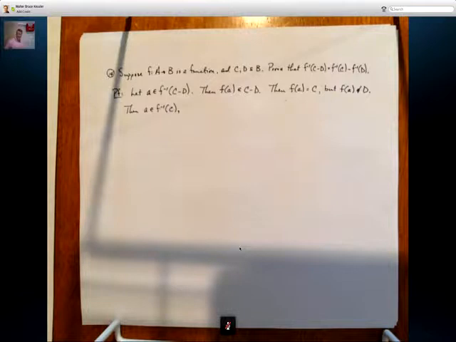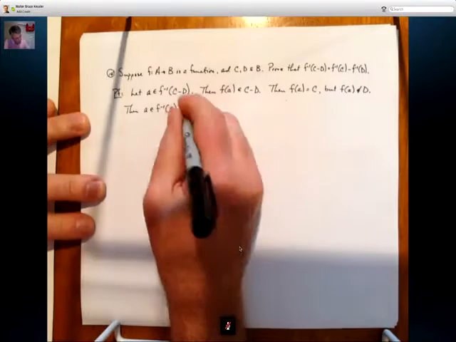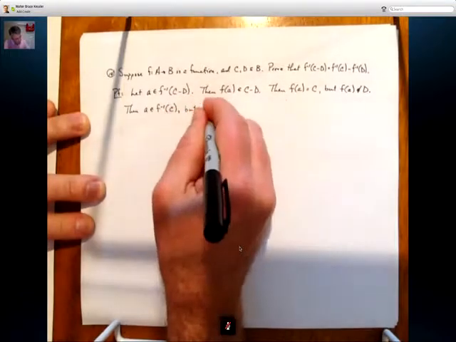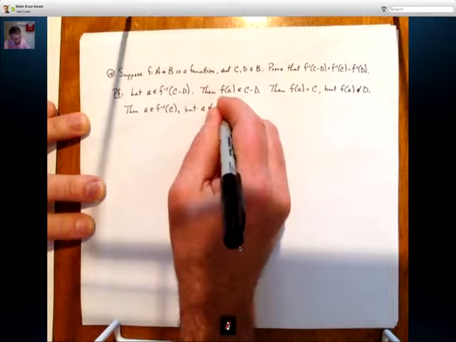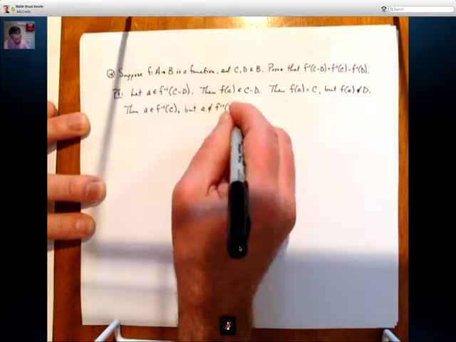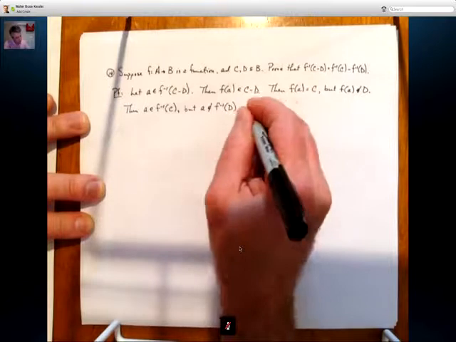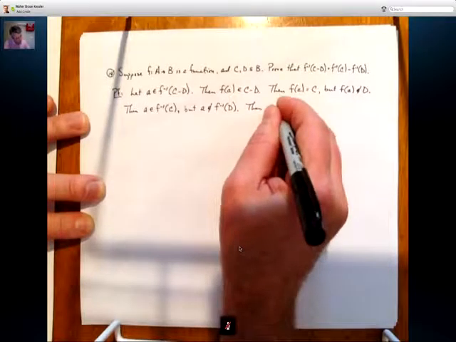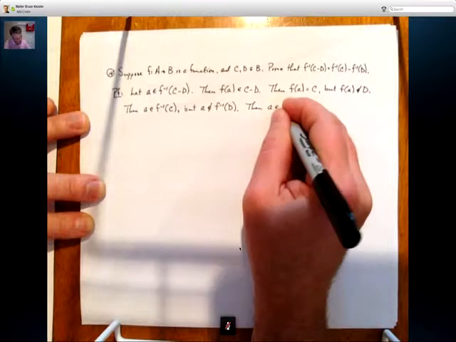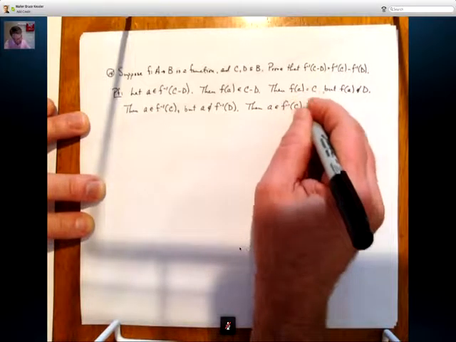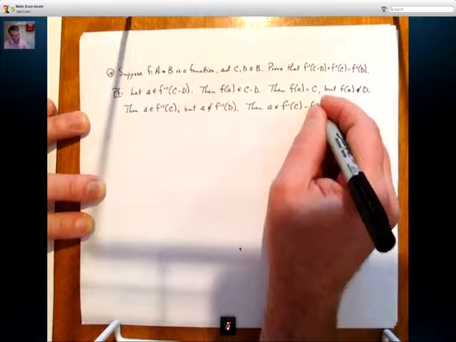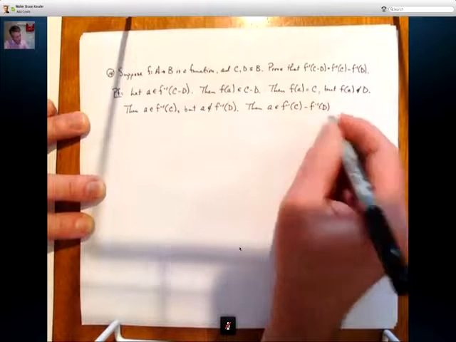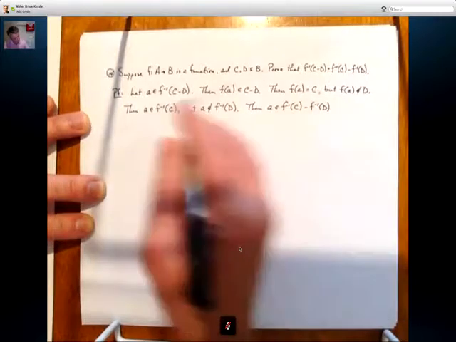If it doesn't get mapped to D, it's not an inverse image. So A is not going to be in f inverse D. That means then that A is in f inverse C, but not D. So it's in that minus that.